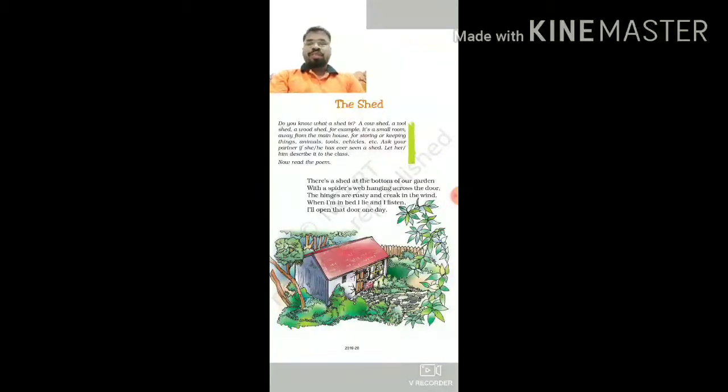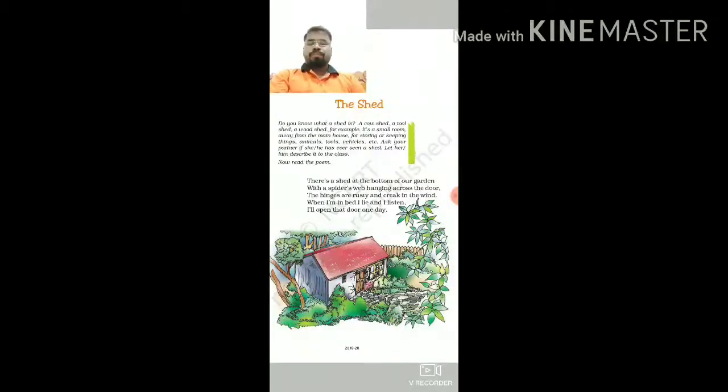Some use it as a tool shed to keep their vehicles, their old things, or anything that they did not want. So it's a place, it is a corner, we can say.